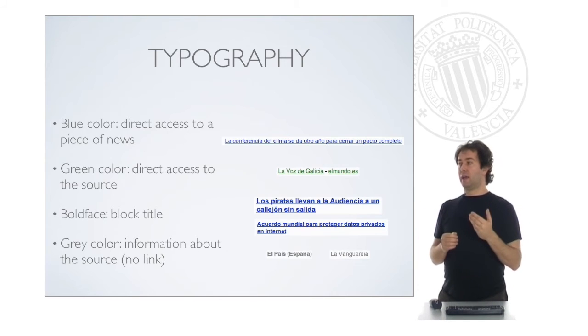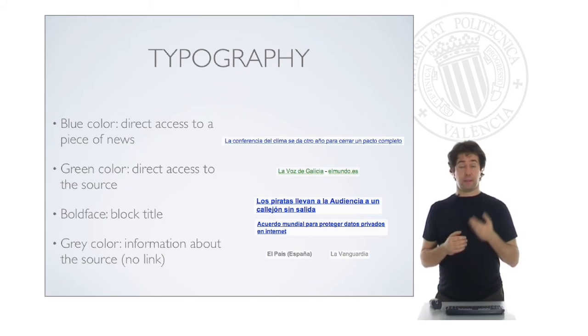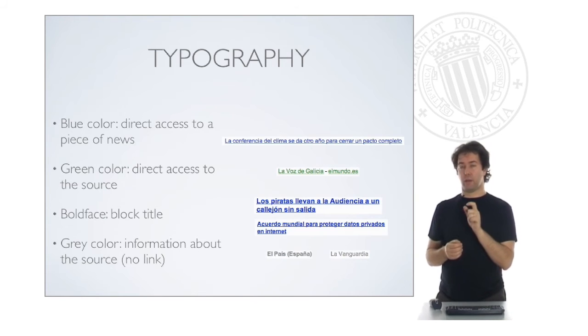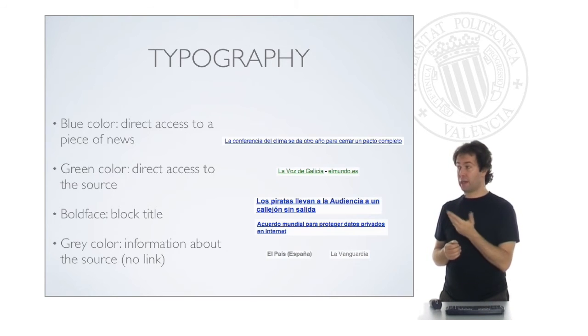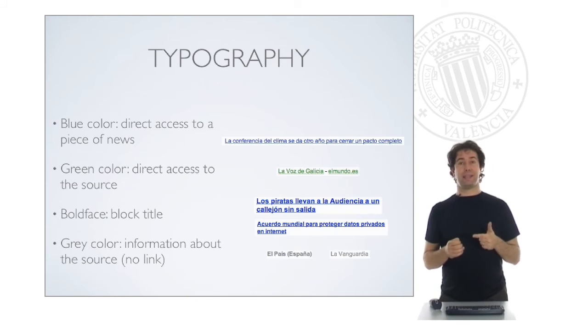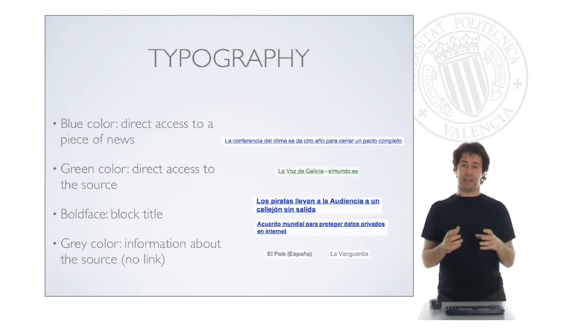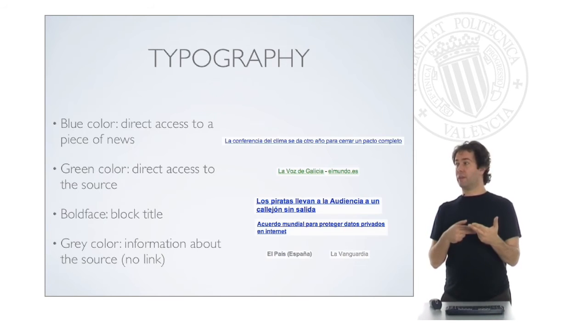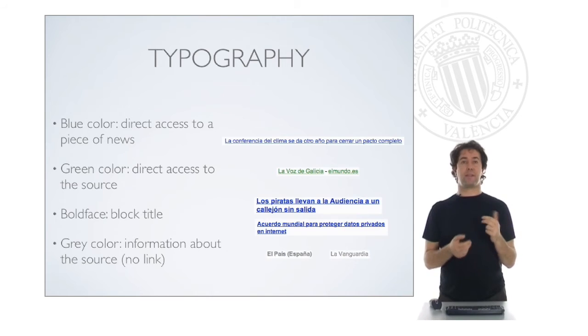When you see a link in green, the green color is indicating that the text that you can read on the link, for example here, La Voz de Galicia, is the name of the media, so that you can see the name of the media in green and then click there and go to see a piece of news. So there are 2 different types of links that are displayed differently.